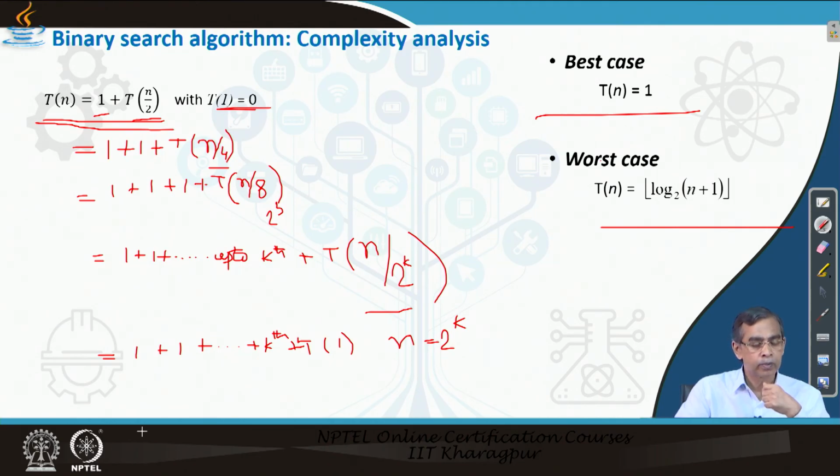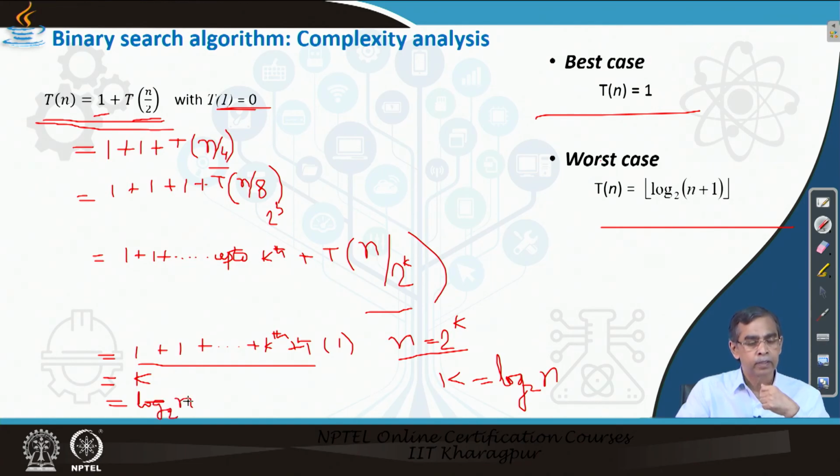So this equals k, because k number of 1s are there. Here k equals log 2 n. So the complexity is log base 2 of n.